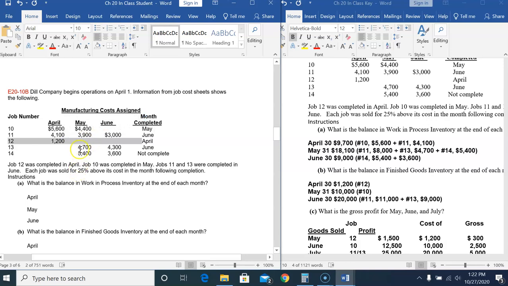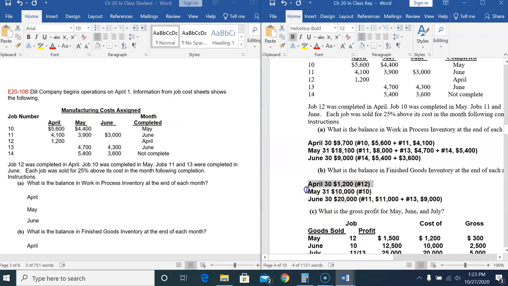So it is not still sitting in inventory. In May, they only had 1 job that was completed and ready for sale. Job number 10. Total costs associated with job number 10 are $5,600 plus $4,400. Total of $10,000 sitting in finished goods.